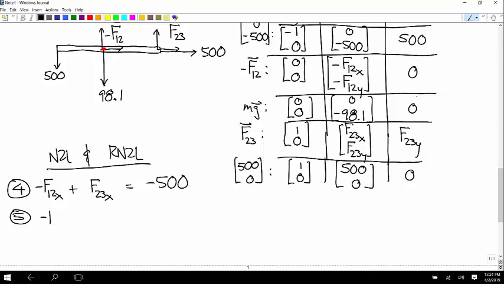So we have negative F12y, we'll get that 98 at the end, plus F23y is equal to, the constants add up to, negative 598.1. Move them to the other side and you get 598.1.